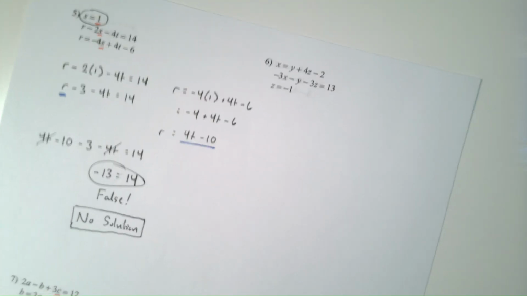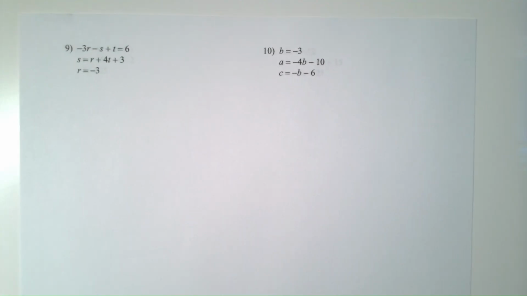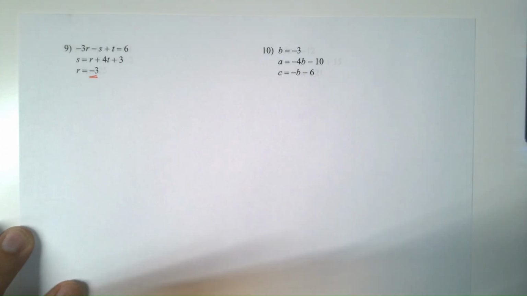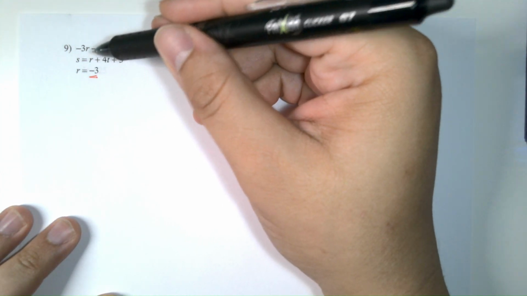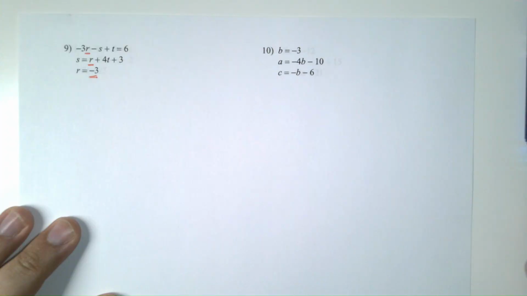But let's look at now number 9. So number 9 is still not too bad. We still know that r is equal to -3. Let's see what happens if we substitute r in for the other two r's that we see in equations 1 and 2. We have an r there, we have an r there.